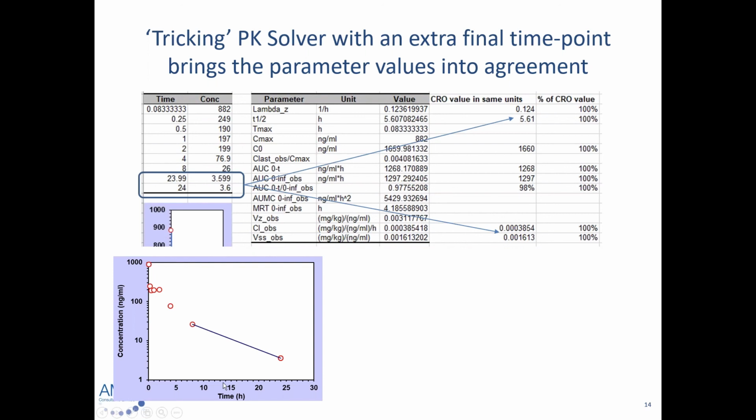So now in the final graph of the 3 that you get output, you can see that the PK Solver is actually using 3 time points, but of course these 2 are on top of each other, and so the values that you get are now exactly the same as those of the CRO. You can see these in the columns here, so we've got identical values.